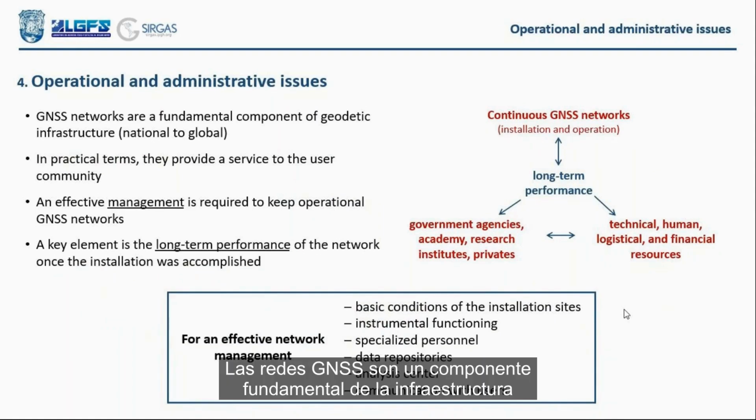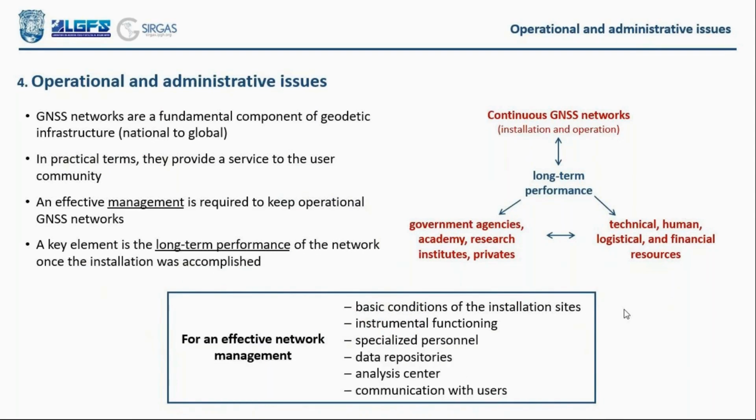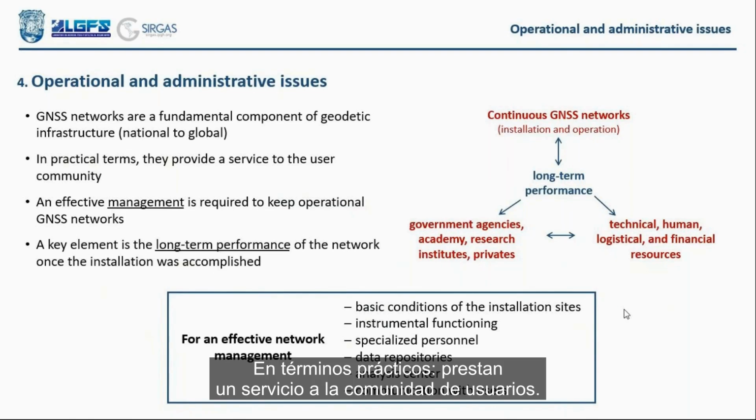The GNSS networks are a fundamental component of the geodetic infrastructure at national, continental, and global level. So in practical terms, they provide a service to the user community, and effective management is required to keep the quality of the services.